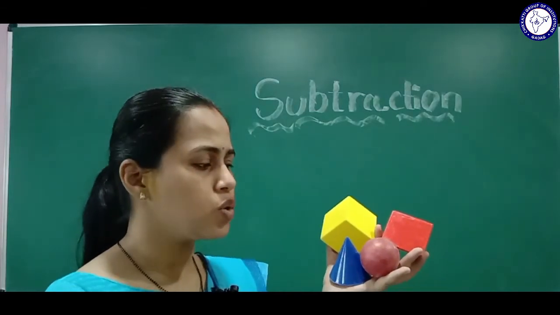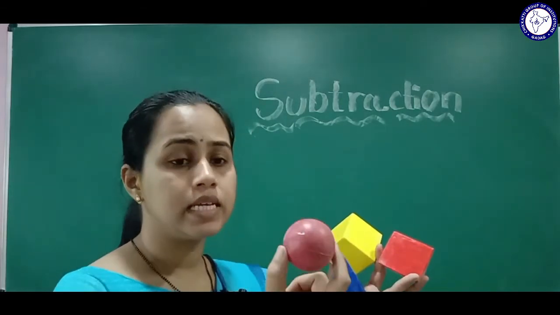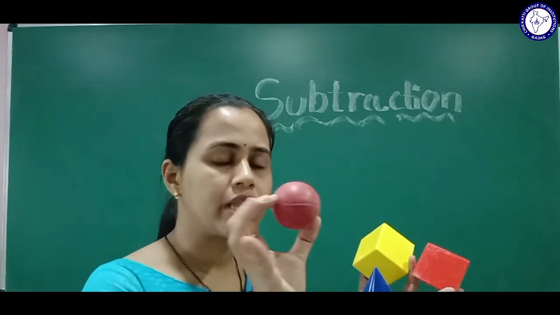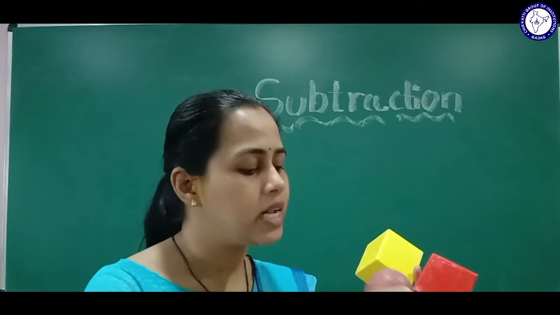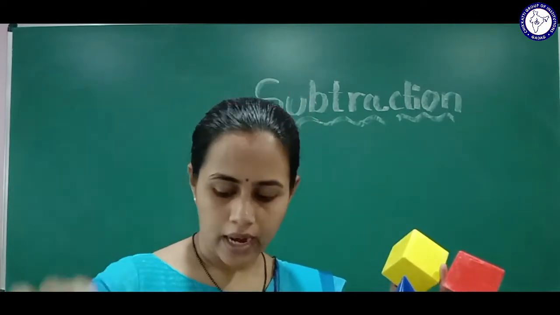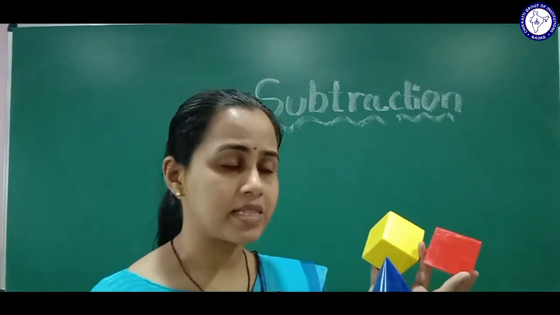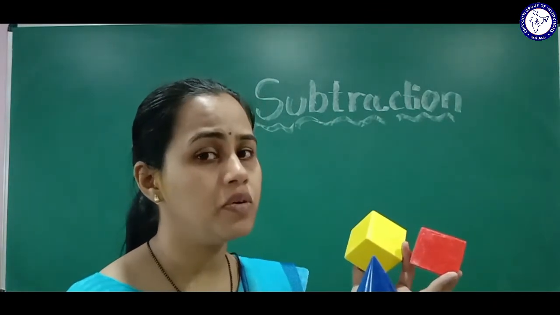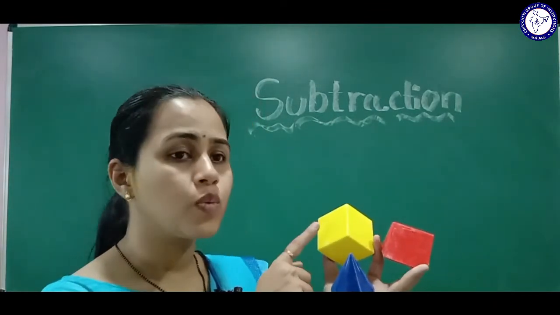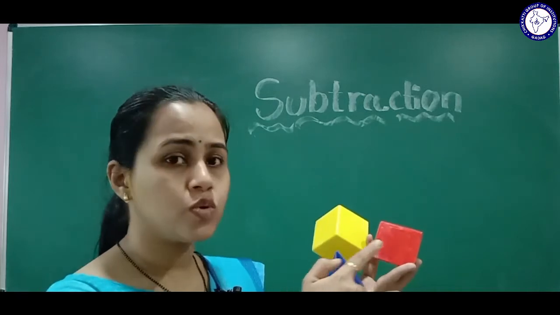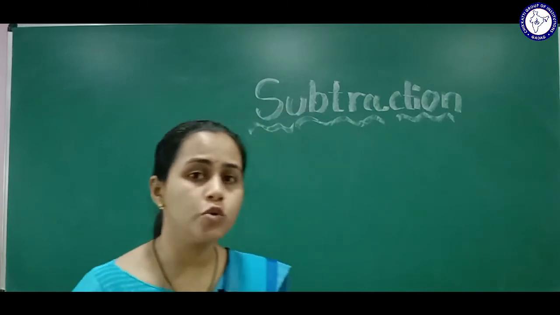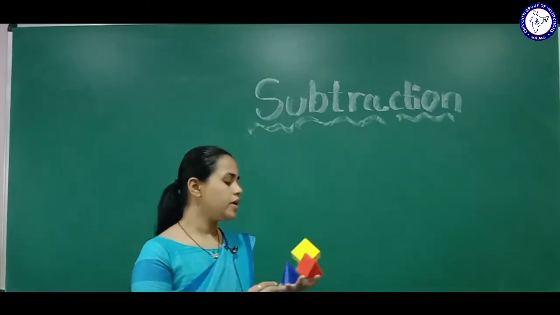4. So I take out this circle now. This I don't want now, so I'll take it out and keep it in a basket. How many shapes do I have now? Can we count? 1, 2, 3. So how should we do it in numbers?